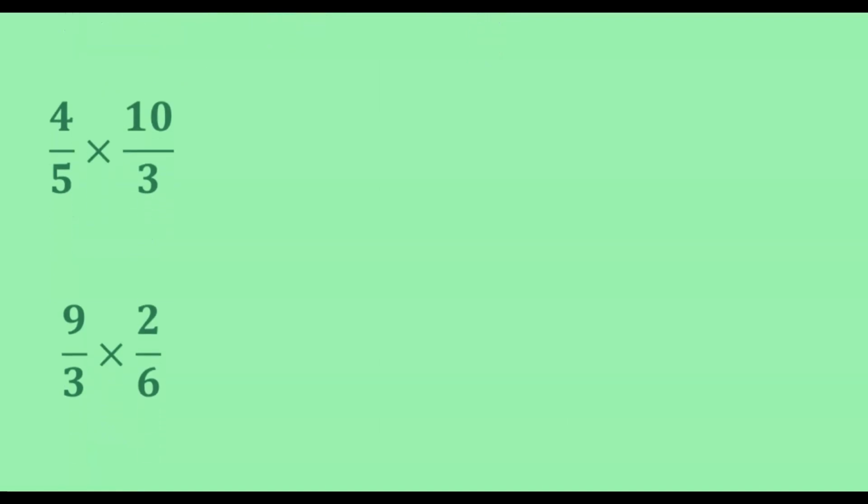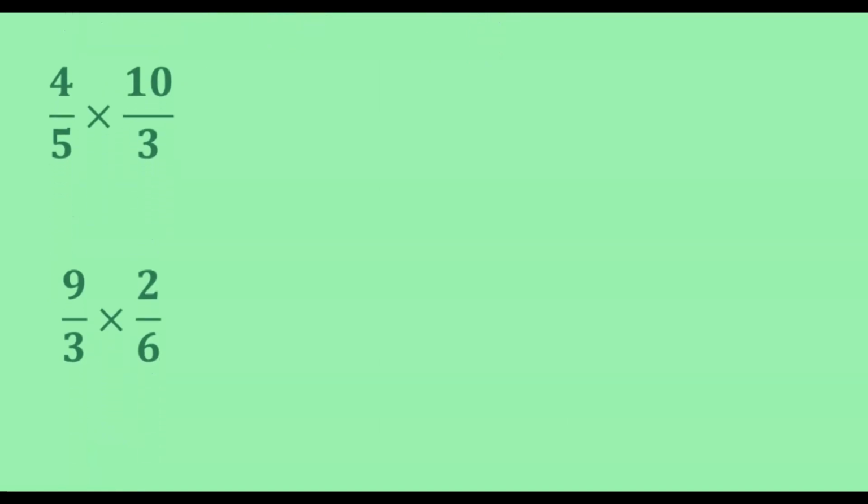Now let us have a look at the next problem. We have 4 over 5 times 10 over 3. When we multiply two fractions, the result is also a fraction, so first of all, let us write the fraction line. And this time, let us directly write the numerator and the denominator. So how do we obtain the numerator of the product? We need to multiply the numerators of the original two fractions. So we have 4 and 10.